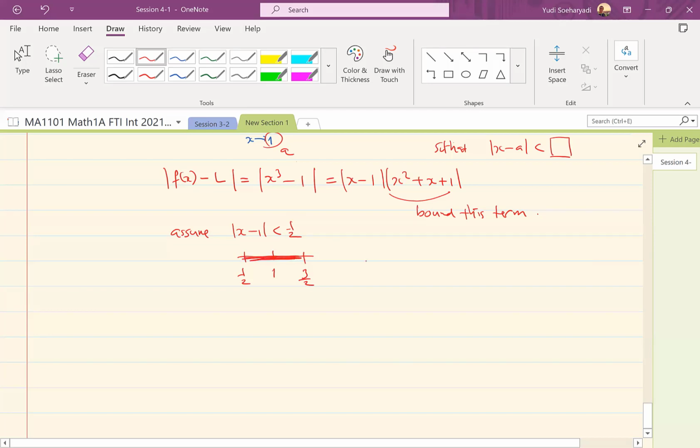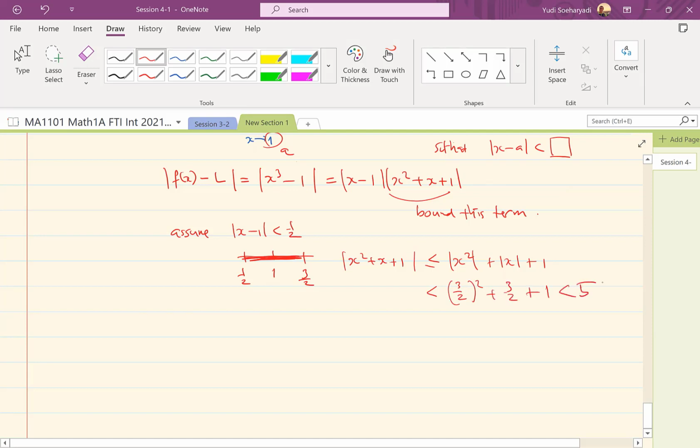Okay, so then x squared plus x plus 1 is less than, with x less than 3/2, 3/2 squared plus 3/2 plus 1.